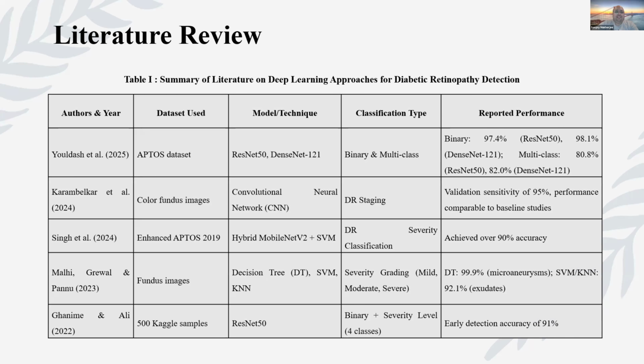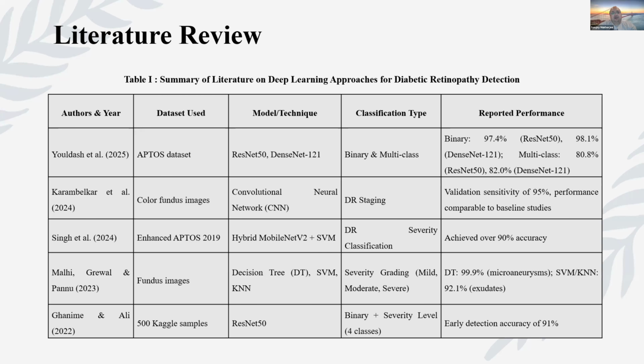For example, ResNet 50 and DenseNet models achieve up to 98% accuracy in binary classification, while traditional ML models like decision trees and SVMs show varying performance. However, many models either lack generalization or require high computational resources. So my approach focuses on combining deep learning and gradient boosting to achieve both high accuracy and efficiency.